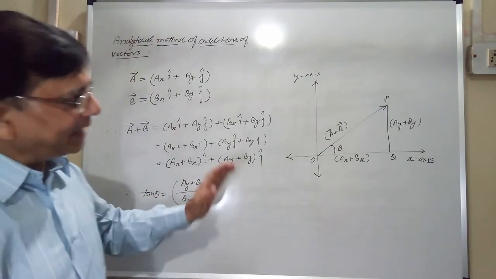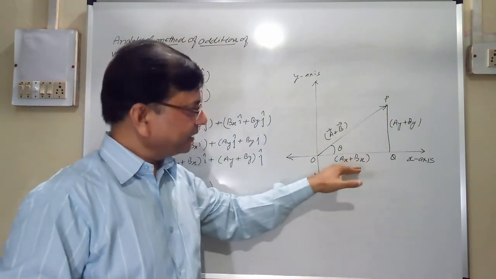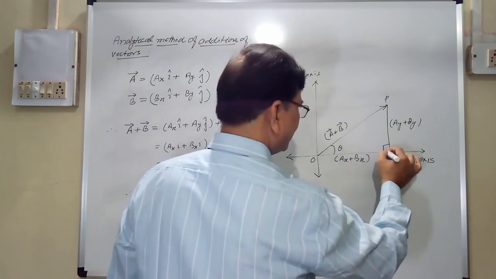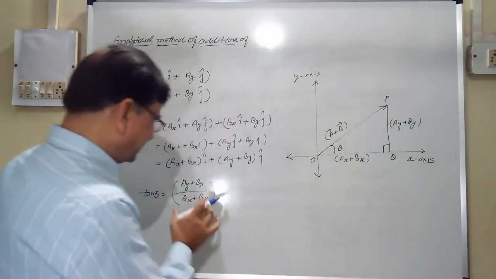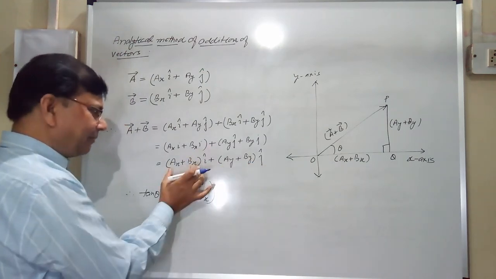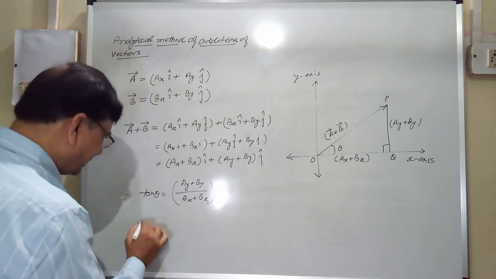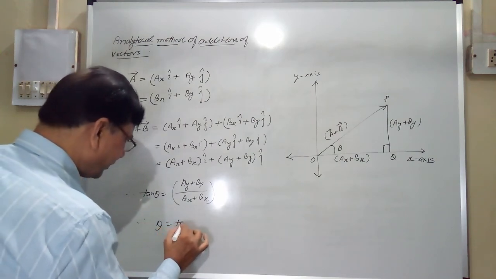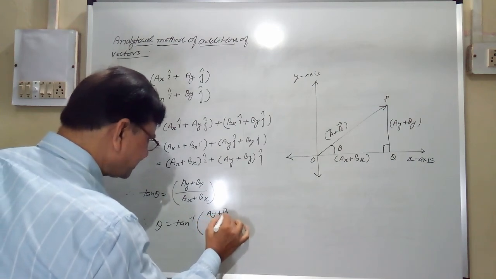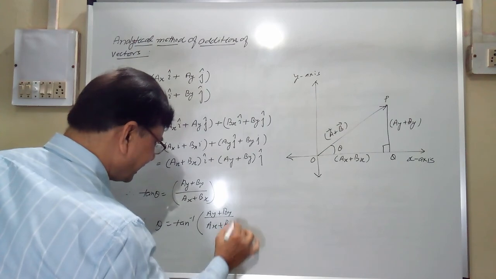For any vector making angle theta, it is the y part upon the x part, meaning the magnitude along the y-axis and the magnitude along the x-axis. Therefore, theta is equal to tan inverse of (ay plus by) upon (ax plus bx).